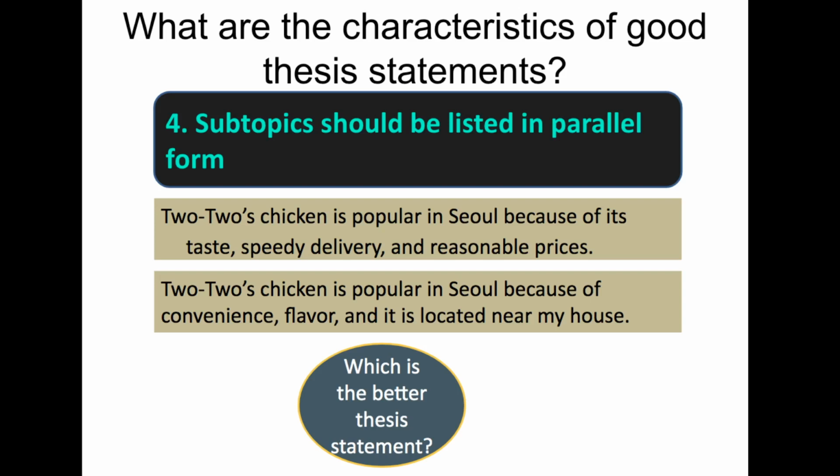Suddenly, that last sentence breaks the pattern. It breaks that parallel form. So, which is a better thesis statement? Well, hopefully you thought the first one. It stays in parallel form. We have noun, noun, noun. So taste, delivery, prices.